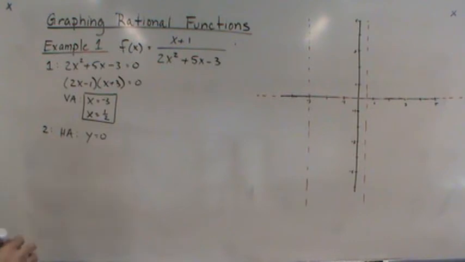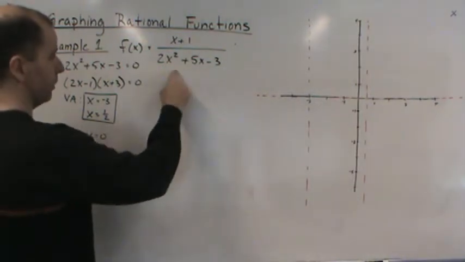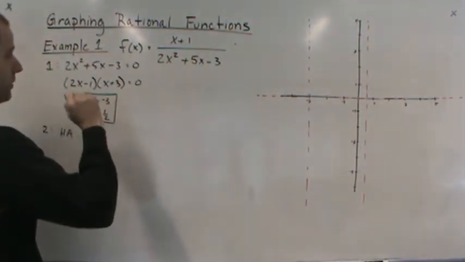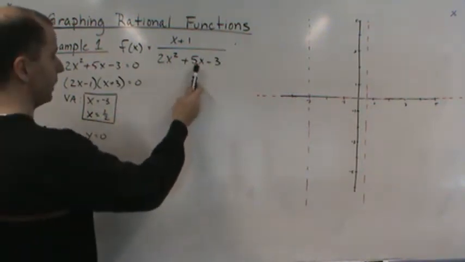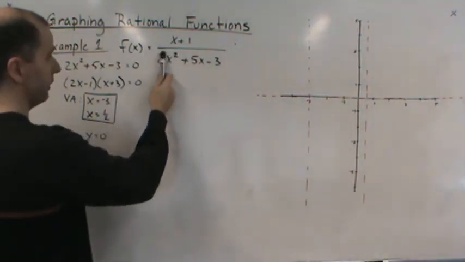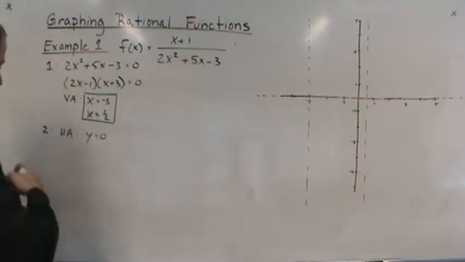Okay, so the y-intercept. To find the y-intercept, if we plug 0 in here, we don't get 0, so we're good. So let's find out where the y-intercept is by plugging in 0 for x. Well, if we plug in 0 for x, everything goes away except the 1 and the negative 3.